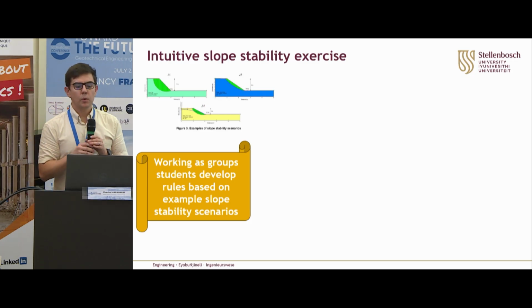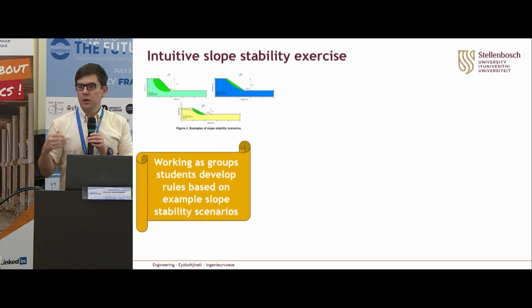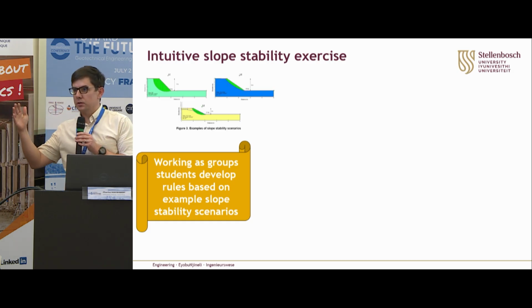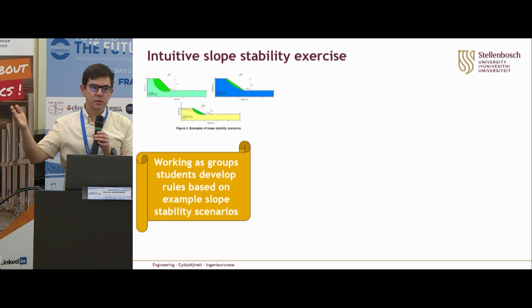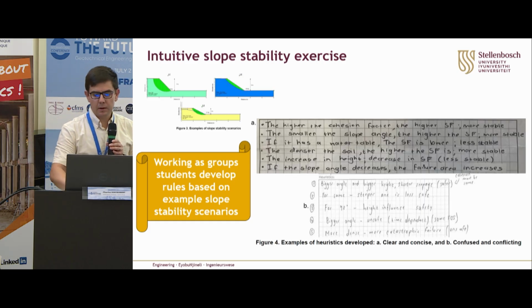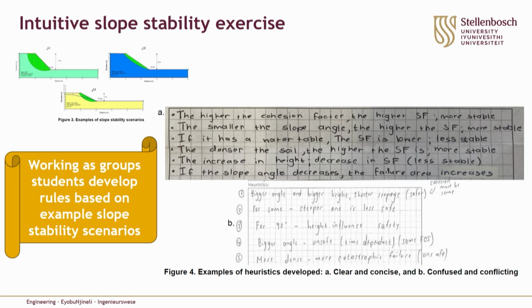And the students develop rules to say, okay, if the friction angle is this, then it's going to be more stable. So they use different terms. Here are just two examples of the heuristics or rules that are developed. Some of them are nice and neat, and they've actually got some decent terms used.